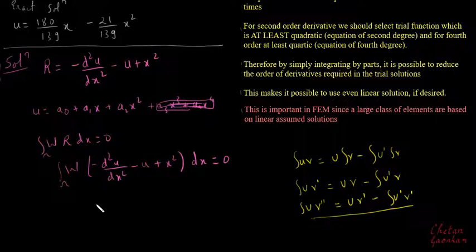Let me first multiply the weighting function with each of these elements. So this will be wi multiplied by d square u by dx square, which I write as u double dash, minus the weighting function multiplied by u plus the weighting function multiplied by x square, dx, and this should be equal to 0.